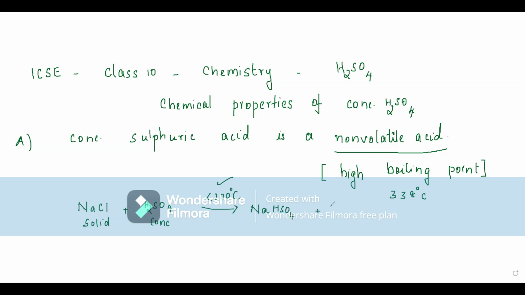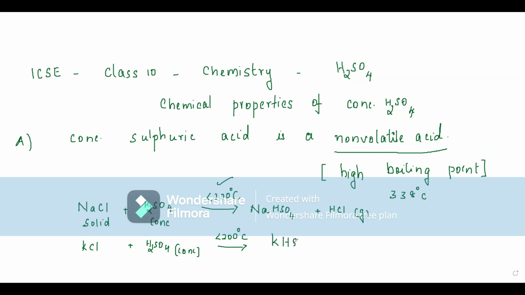Now, the equation goes like this: NaCl plus H2SO4 gives NaHSO4, along with that we will get HCl gas. NaHSO4 is sodium bisulfate, sodium hydrogen sulfate, which is an acid salt. Similarly, one more equation which helps in the preparation of HCl is, instead of NaCl, you can use solid KCl, potassium chloride, treated with concentrated sulphuric acid at around 200 degrees Celsius.